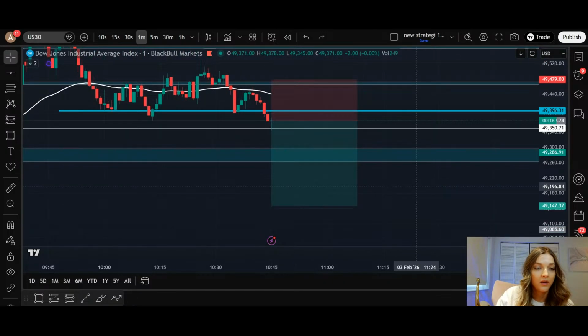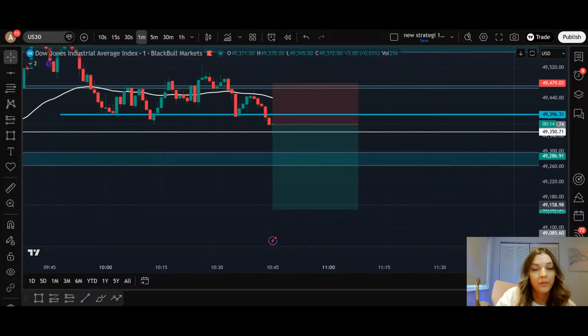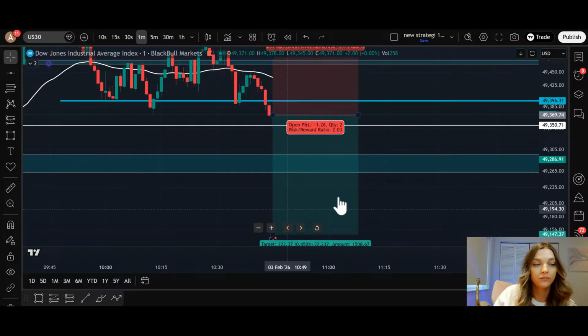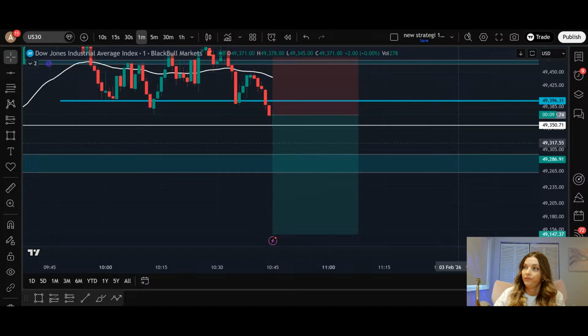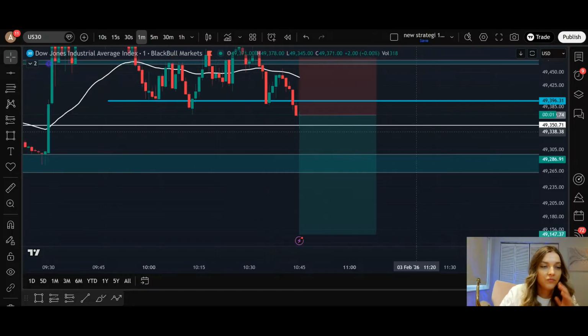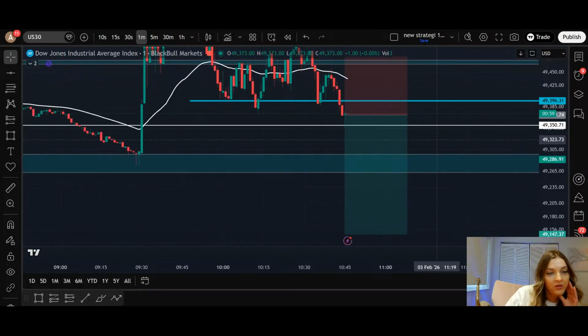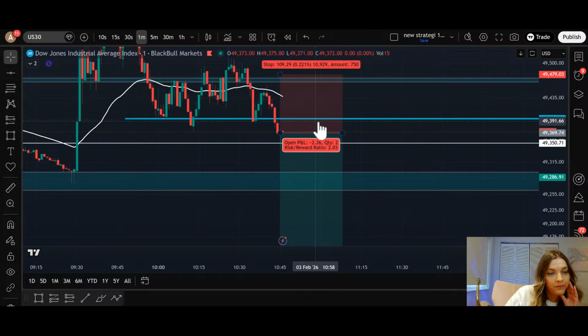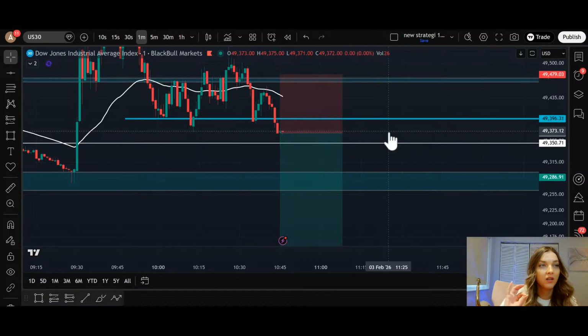I'm not gonna go in. But the best is to just wait for a retest of this area, or just risk very little.